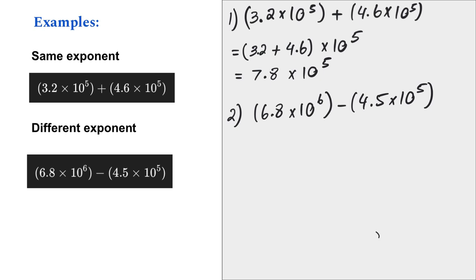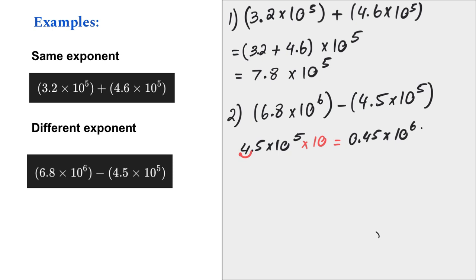Let's try and do that. 4.5 times 10 to the 5th power, and we move the decimal to the left one time. So therefore, we multiply by 10 and add the exponents. Our number will be 0.45 times 10 to the 6th power.